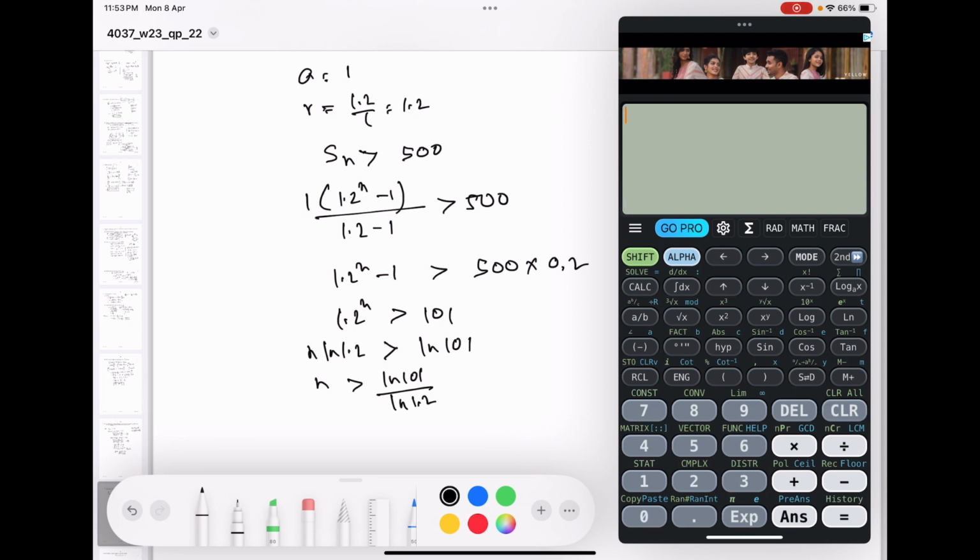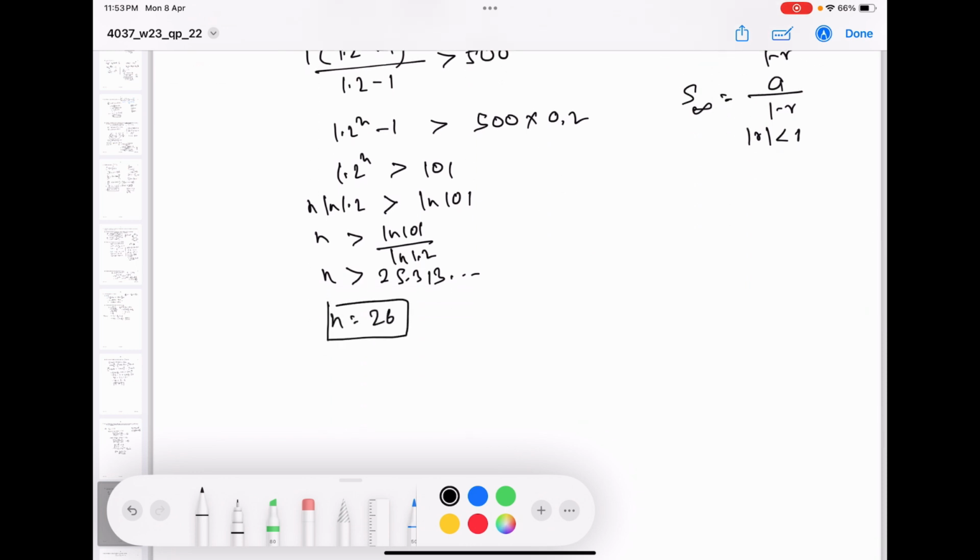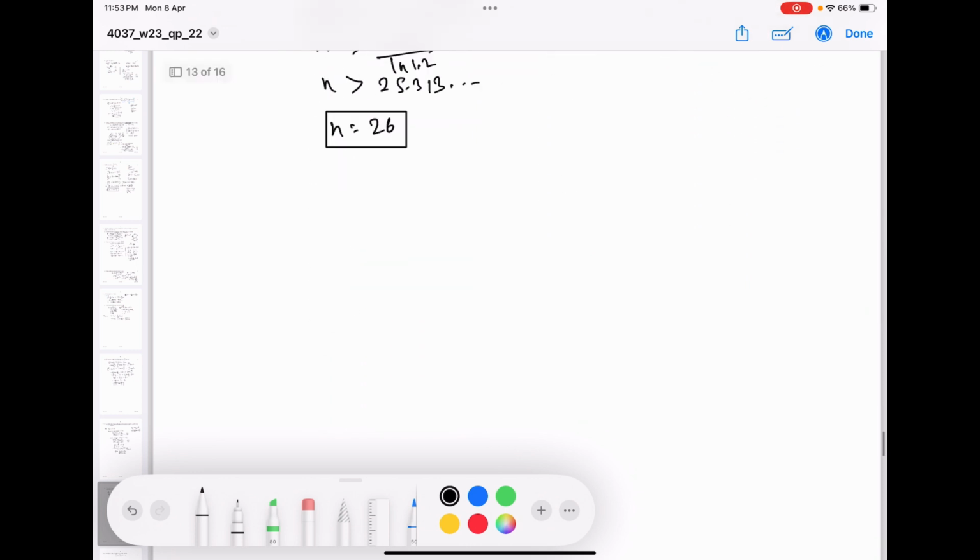So n is greater than ln 101 divided by ln 1.2, which is 25.313 and so on. Now since n is greater than 25.313, n is 26. So this is the value of n.